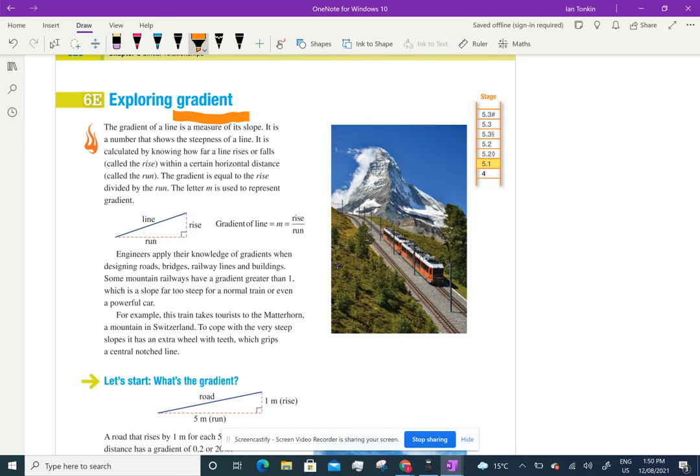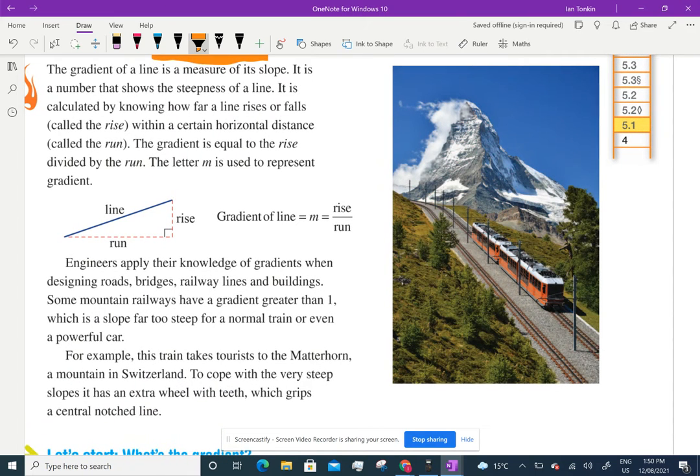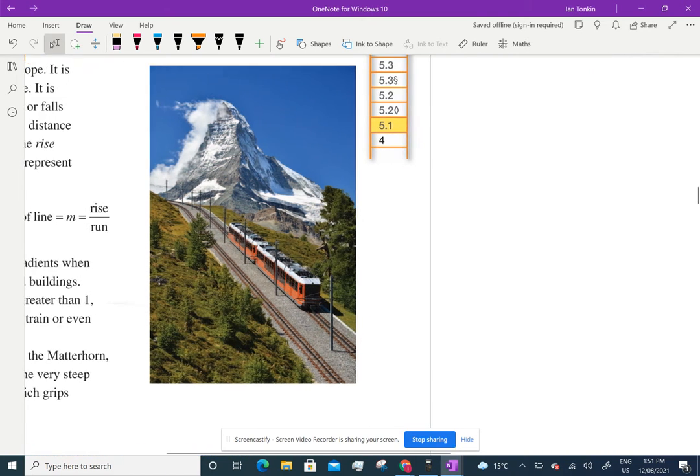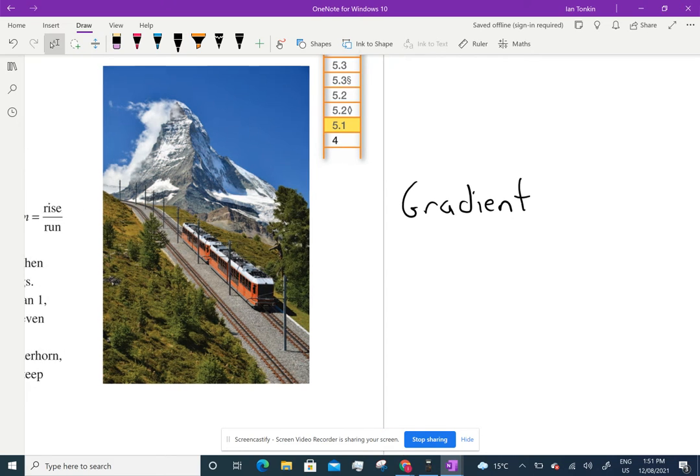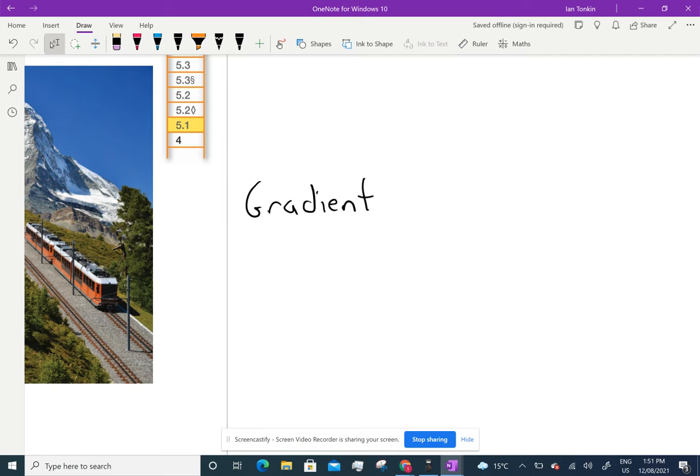So essentially you need a definition of gradient. And gradient is just the slope, the angle. But when we talk about gradient in relation to graphs and lines, many of you will know about gradient, like if you go up a hill that has a really steep gradient, or if you're riding a mountain bike on a course that has a steep gradient, or you're riding in the Tour de France and you have a gradient of about 13%.